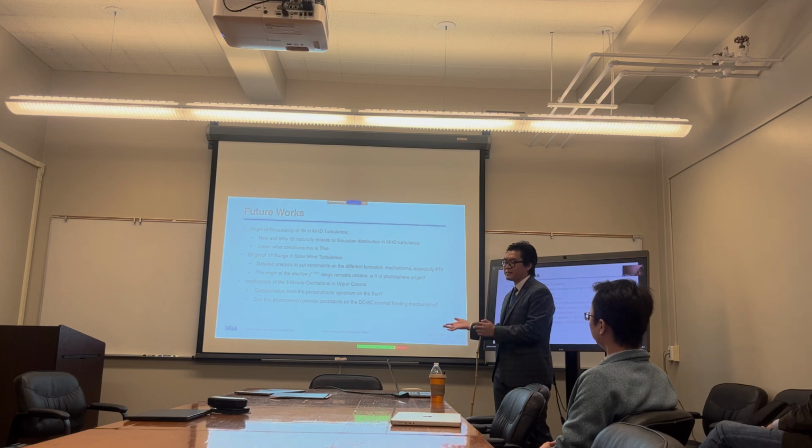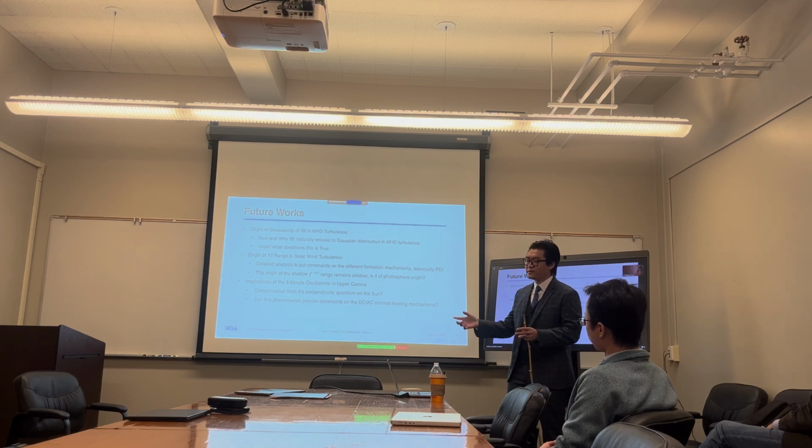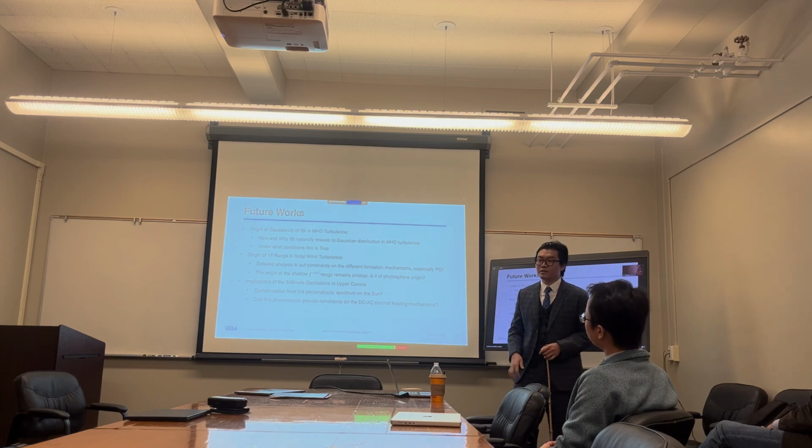The reason I invented this method is that the magnetic magnitude is really of high quality. There's little to no noise in that data. That's why I can use this method to identify these coherent structures. So I personally think the next step is to combine that with plasma products to see what's the correspondence between them.